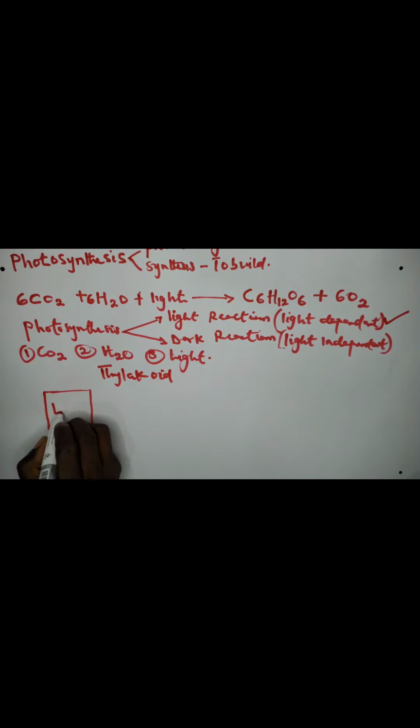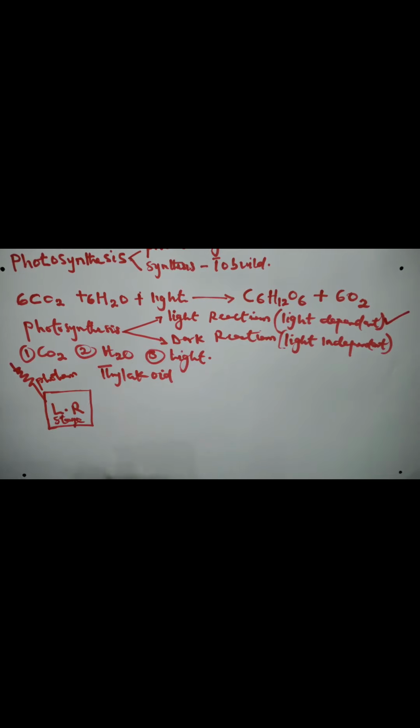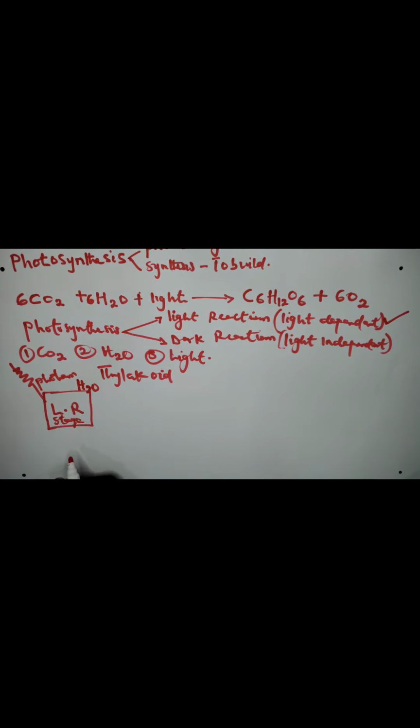So let's represent our light reaction by LR, the light reaction stage. How does it take place? It takes place in the presence of light, or call it photon, like this. Then we also need water, H2O, coming into the light reaction.